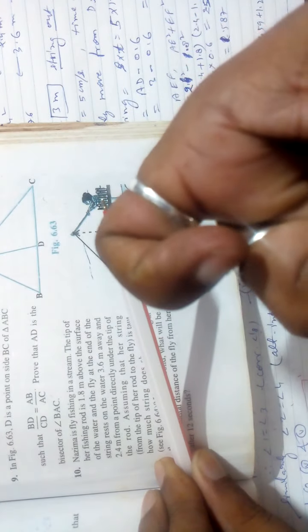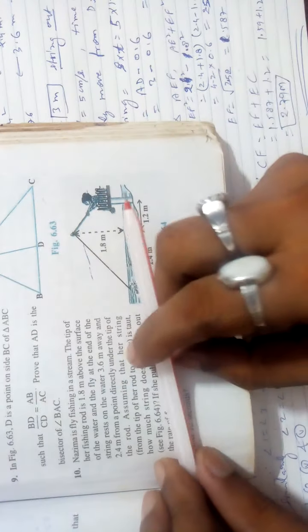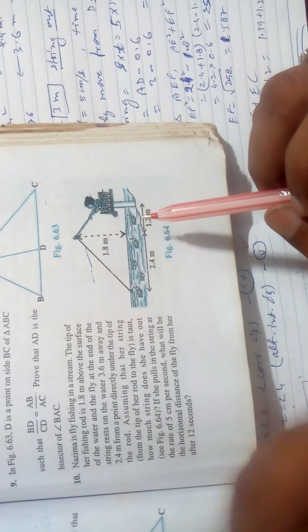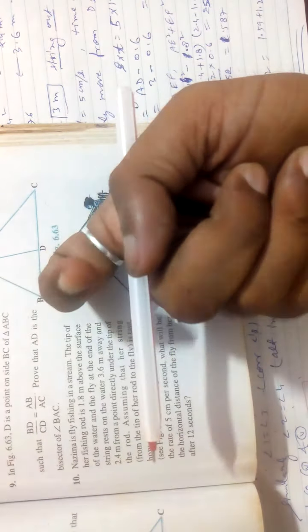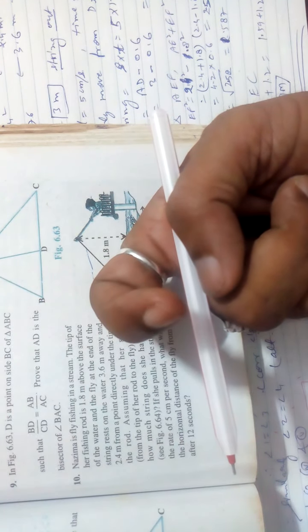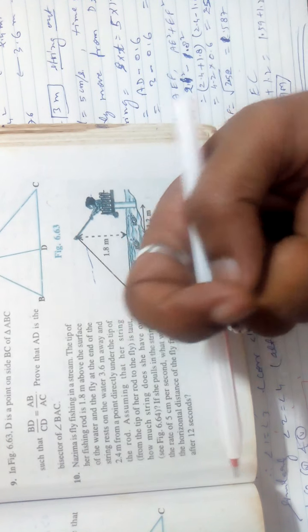On the hook, when you put small snails, you will get the food of the fish. Fish eat the food, and this type of hook just inserts into both the jaws.